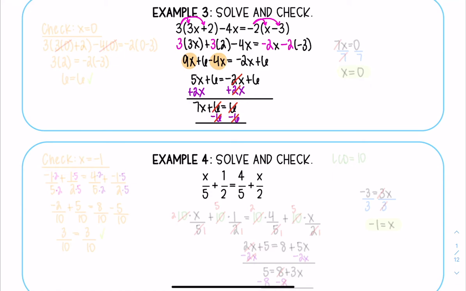And so we end up with 7x equals 0. And then we can divide by the coefficient to get x by itself. So we're going to divide by 7 on both sides. And we end up with x equals 0 divided by 7, which is just 0.